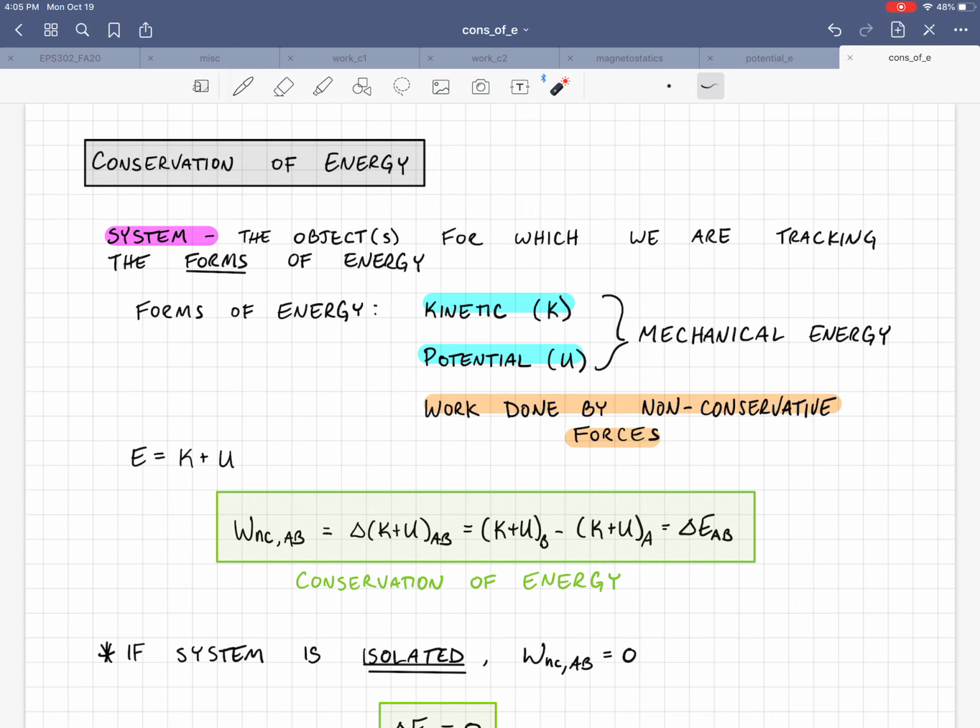Other forms of energy that may show up when we're tracking or cataloging energy is work done by non-conservative forces on our system or on the objects in our system.